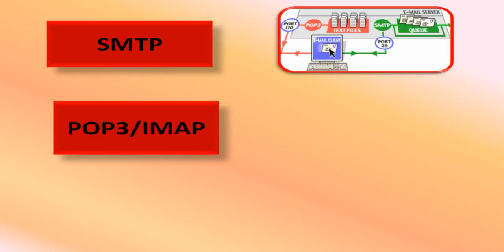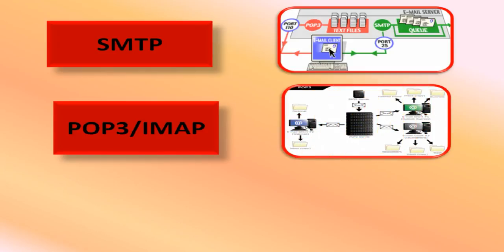IMAP stands for Internet Message Access Protocol. It is a mail protocol used for accessing email on a server from a client. POP3 provides the facility to access email only from one application, whereas IMAP allows you to access your mail from different locations.